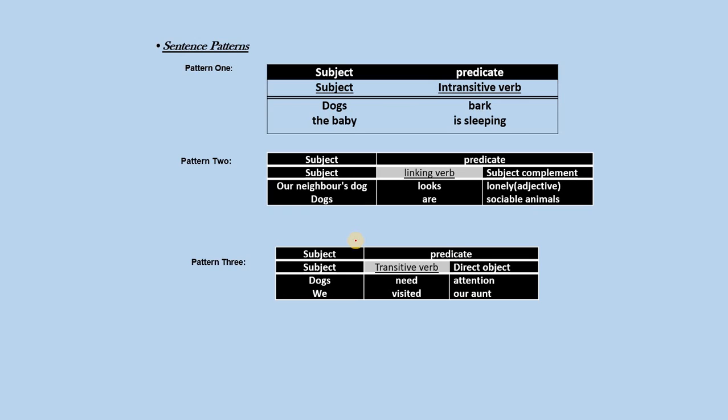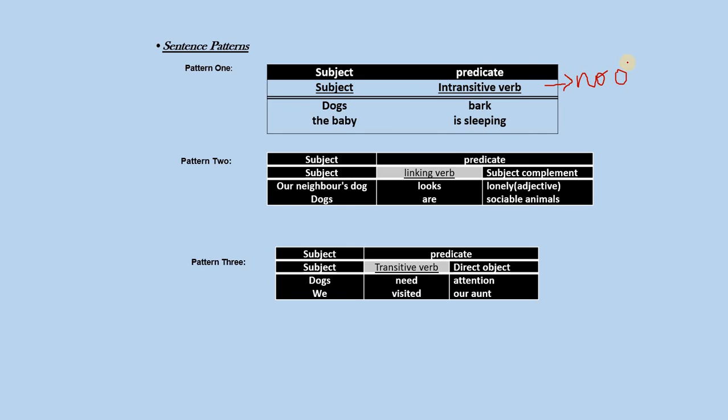We have pattern number 1, which is a subject and the predicate, of course. Subject and predicate, this is normally the general pattern. But concerning the main patterns, we have subject plus intransitive verb. What is an intransitive verb? It is a verb that does not need an object.